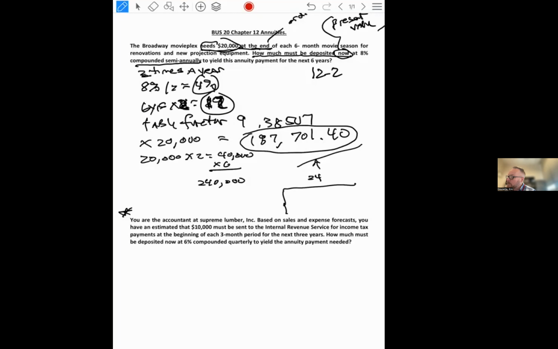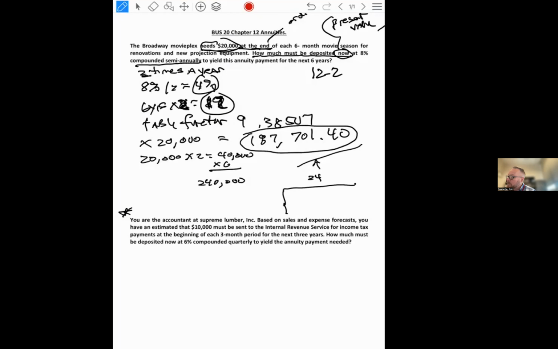But if you take the 187,701.40 and you divide that by the 24 periods, which you'll be depositing, you need to deposit $7,820.89.